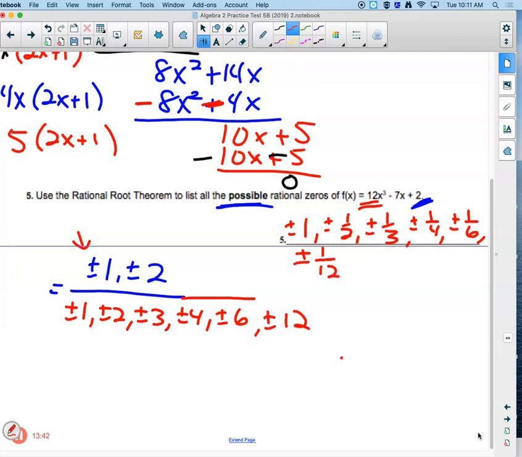Smartboard said I don't want your badge hanging in front of me here. That takes care of the 1. So now the 1 on the top, I've done everything I can do with that. And now I need to go to the 2. But I don't want to write anything down twice. That would be silly. So 2 over 1 is 2. I don't have that one down yet. But 2 over 2 is 1. It's already on my list. 2 over 3? No, that's not on my list yet.